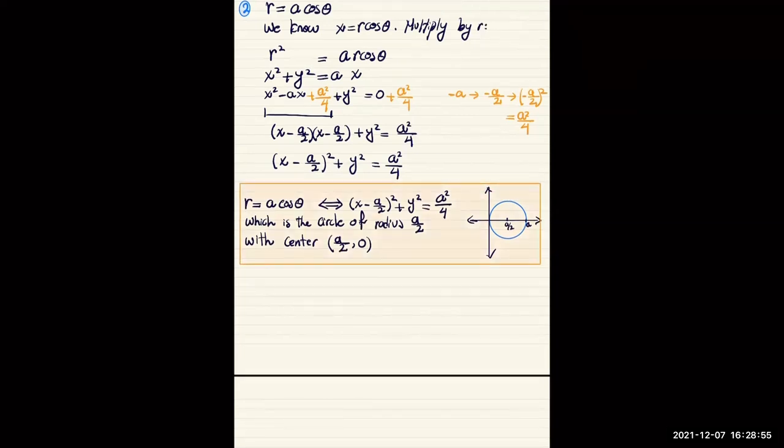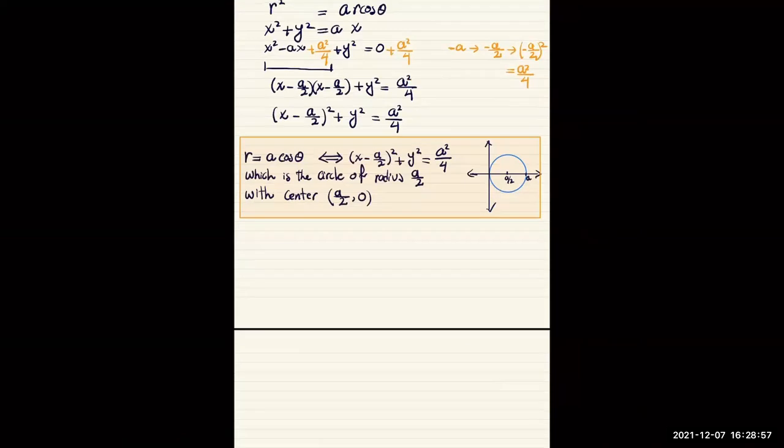All right. So for example, if you were to graph r equal to 3 cosine theta, this is a circle centered at 3 over 2, 0 with radius 3 over 2.